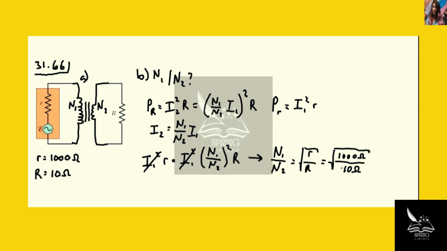So 1,000 divided by 10 is 100, and you take the square root of that, and you get that the turns ratio needs to be 10.